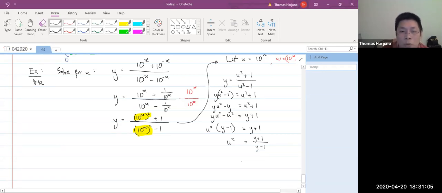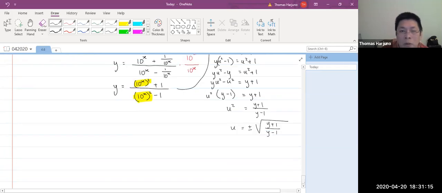So u equals plus or minus the square root of y plus 1 over y minus 1. Hold on. So u1 is the positive branch, and u2 is the negative branch, right?